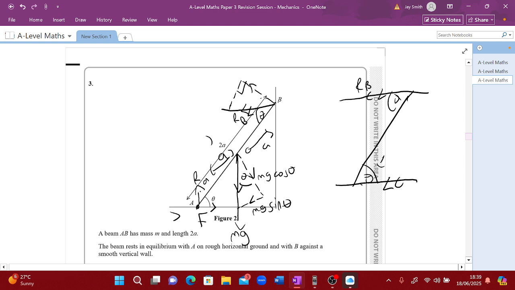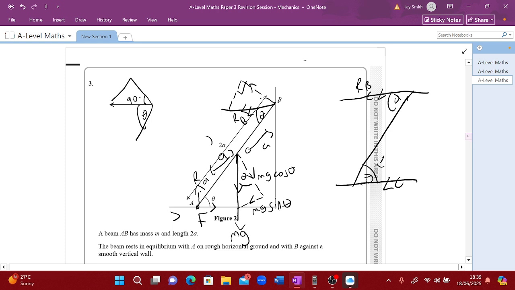So what we have then is, if we draw it here, we have theta here, and we also have this triangle here, which is what we want. That's 90. But we can work out this angle because this whole angle here, these two angles combined, this angle and the theta angle, add up to 90.